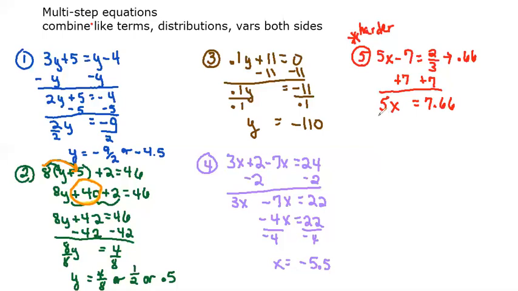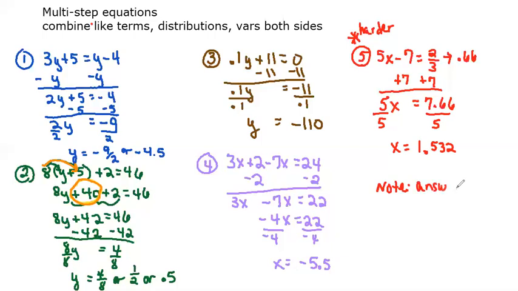All right, divide by the 5. So I can put my 7.66 in the calculator, divide by 5, 1.532. Okay, that's the full decimal. We need to have at least one decimal place. So let me put a note here.